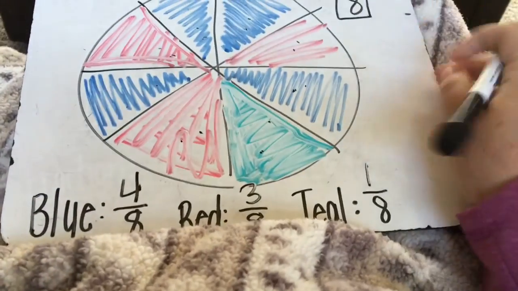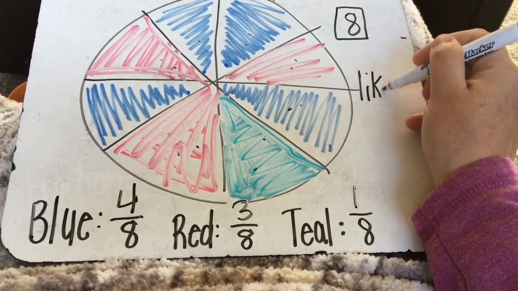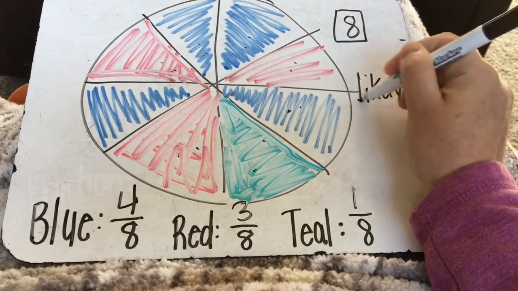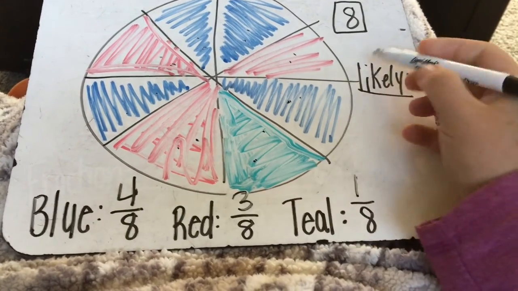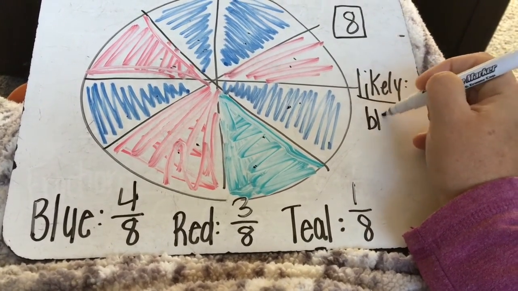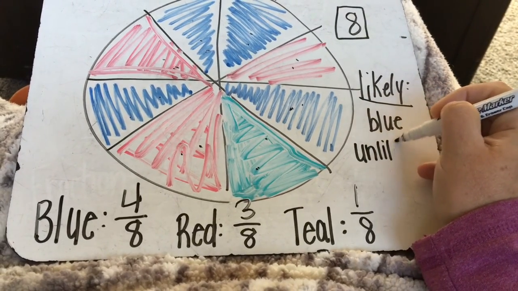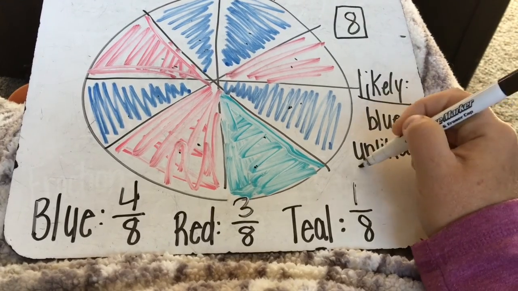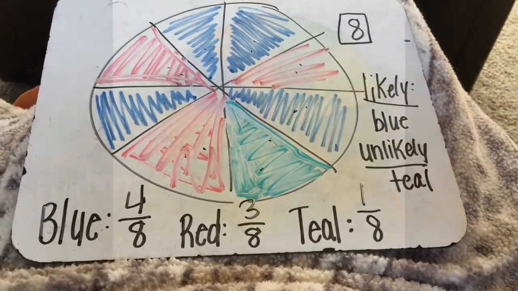So now we're going to look at it. What color is the most likely that you would get, which is the fraction that's the greatest number? Well, it's likely that we would get blue. And unlikely, we're going to look at what fraction is the smallest number, and the smallest one is teal.